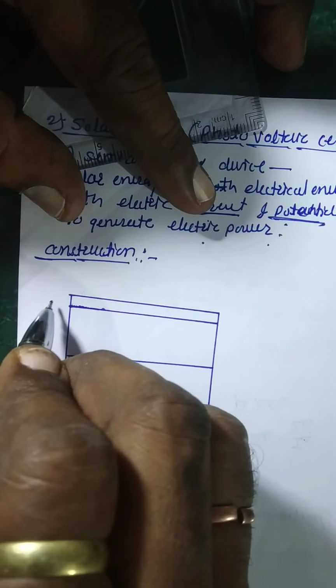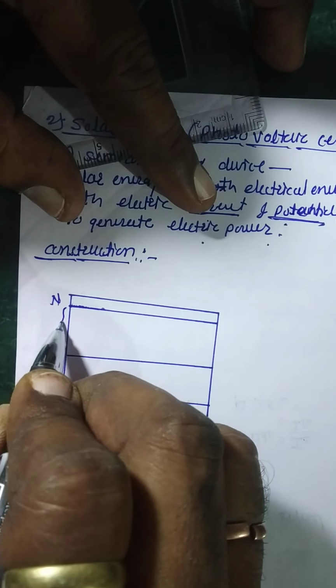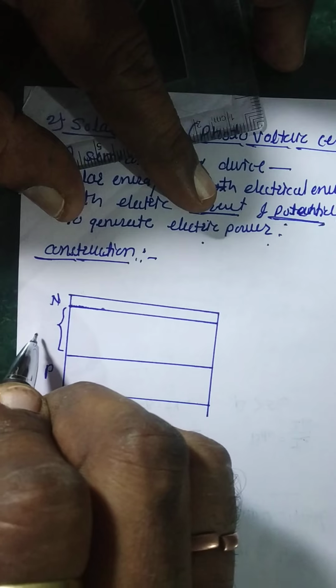Here are the N-type material, the p-type material, and the depletion layer.